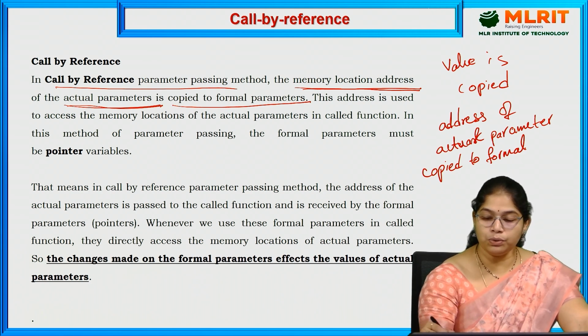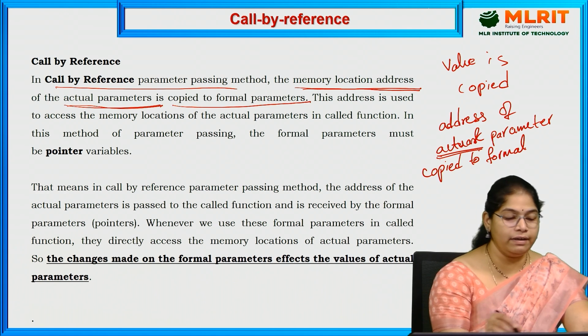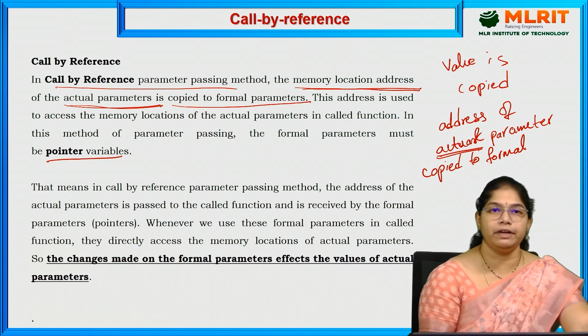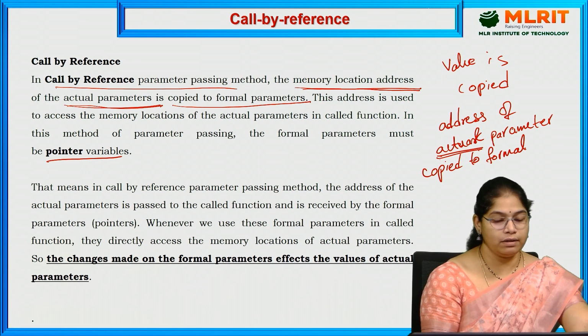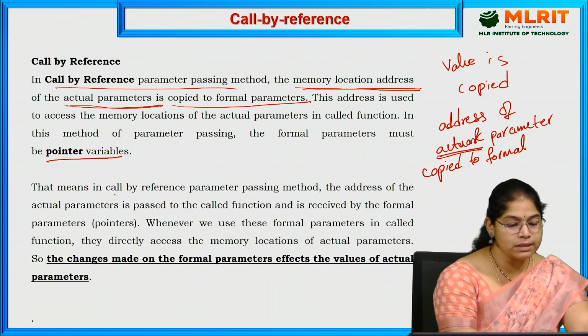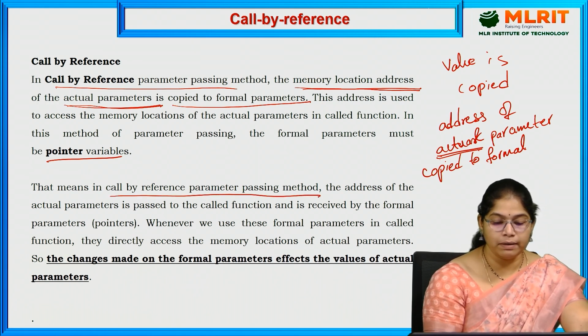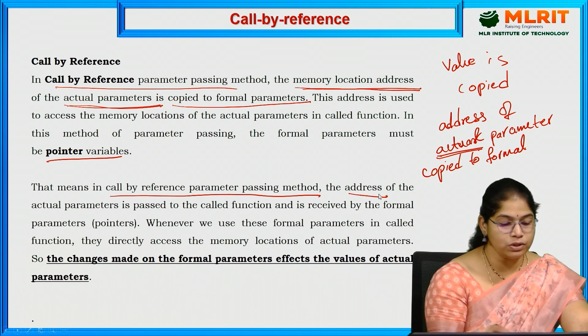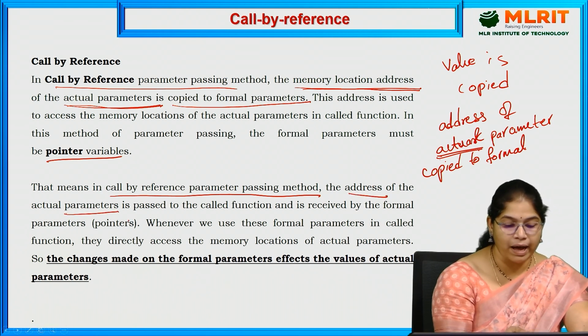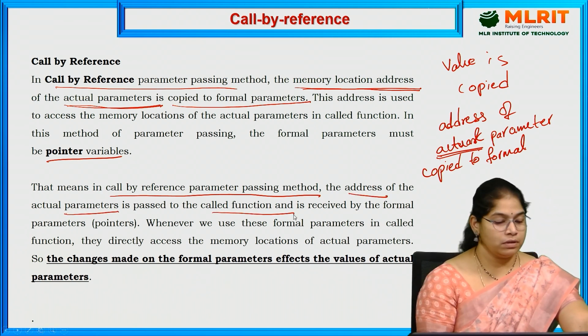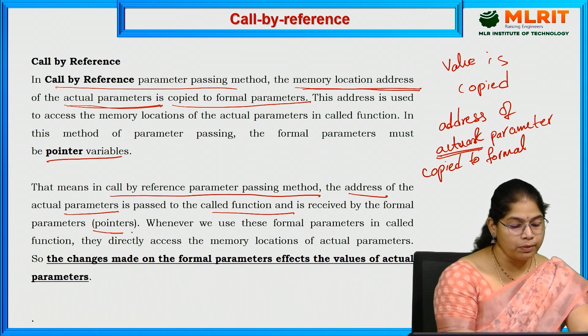To store that address, we need a pointer variable. A pointer has the property that it can store the address of another variable. That means in the call by reference parameter passing method, the address of actual parameters is passed to the called function using a pointer variable.